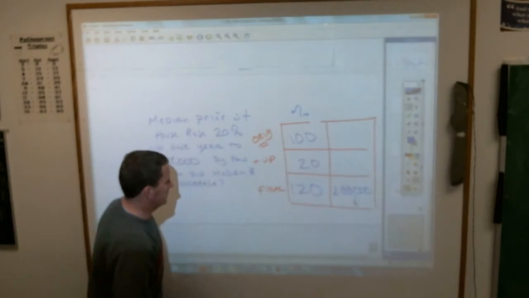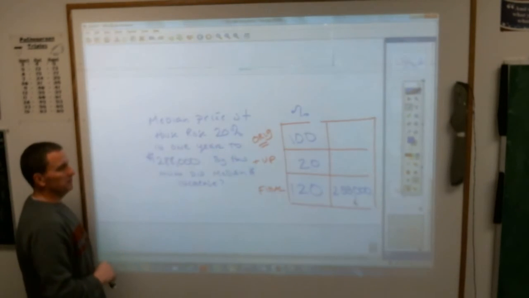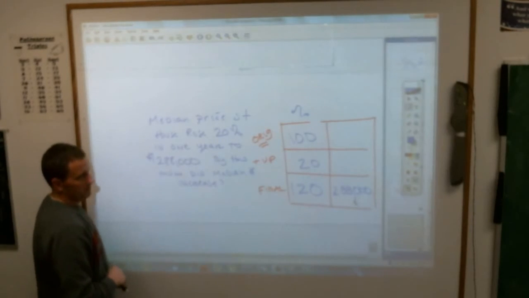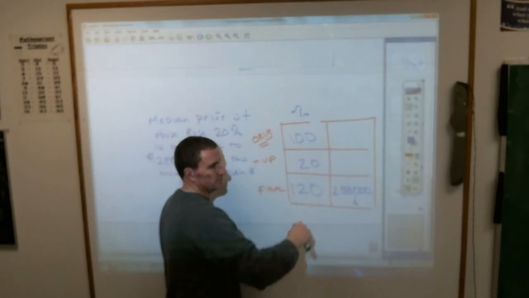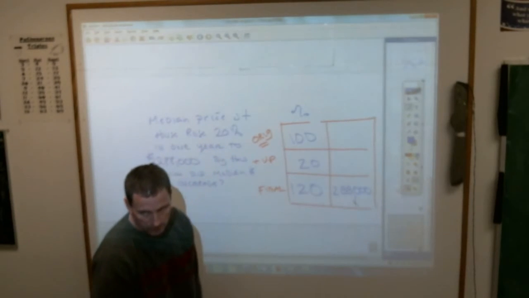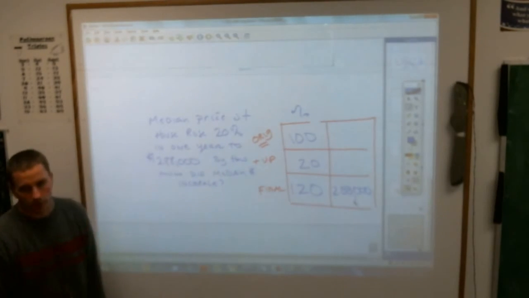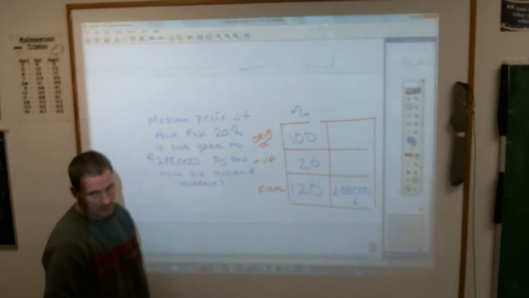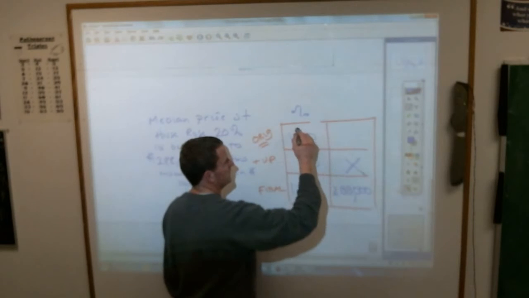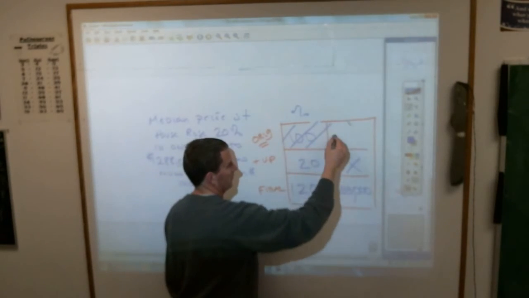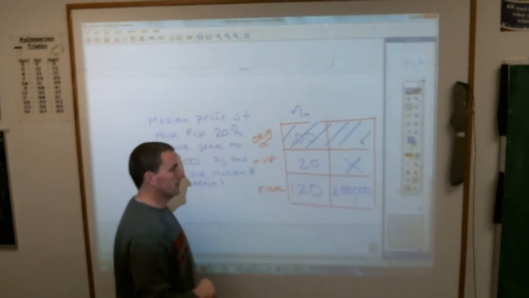And then the question says, how much did the median increase? So am I looking for the original? How much it went up? My how much did it increase is going where? Yeah, it was going here. This is the one I want to know. I don't need this part of it right now. I needed it to figure out the beginning.